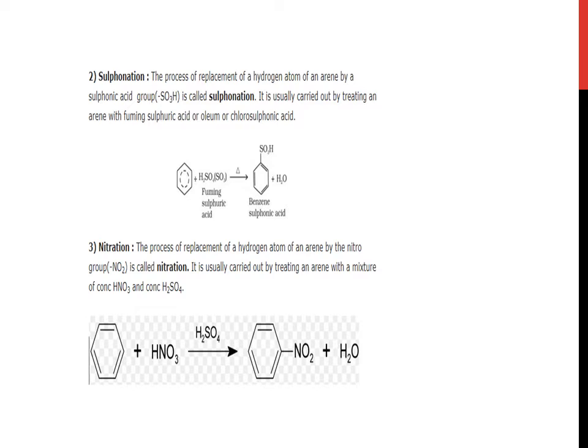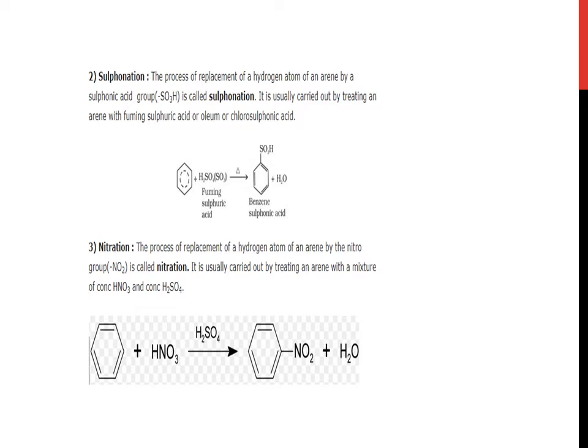Here is the reaction. When the benzene ring reacts with sulfuric acid dissolved in SO3, that is fuming sulfuric acid, you can also say this is H2S2O7, oleum, then one H is replaced by SO3H, giving benzene sulfonic acid.